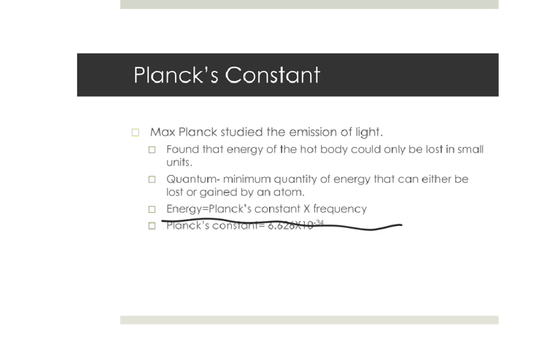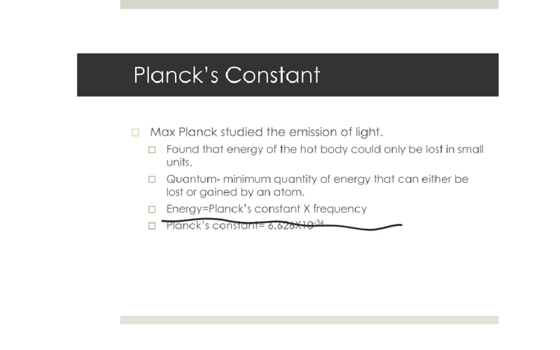Remember when we just talked about quantum of energy, it's just the amount of energy that an atom can lose. So the energy of a photon of light is quantized according to the equation that Planck came up with, which was energy equals Planck's constant times frequency. A lot of stuff that I just said there.